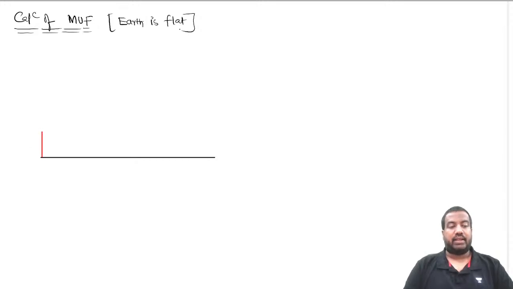Consider the Earth is flat. This is the transmitting antenna, receiving antenna. We're considering the Earth is flat, and also we're taking the gradient of ionosphere, very thin gradient. That means we are considering ionosphere as a single line.